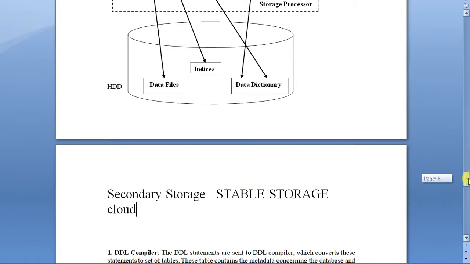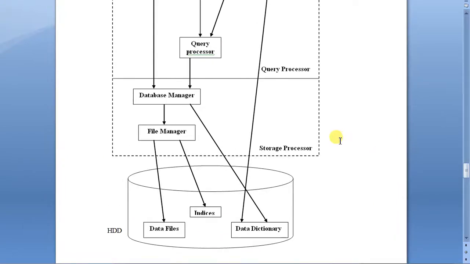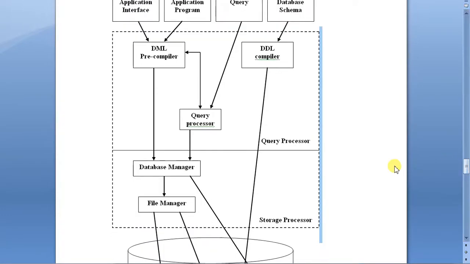Ultimately your tables are created there, and this is your RAM where your database engine is loaded. There are two parts, the query processor and the storage processor, and they are made up of a number of subcomponents.